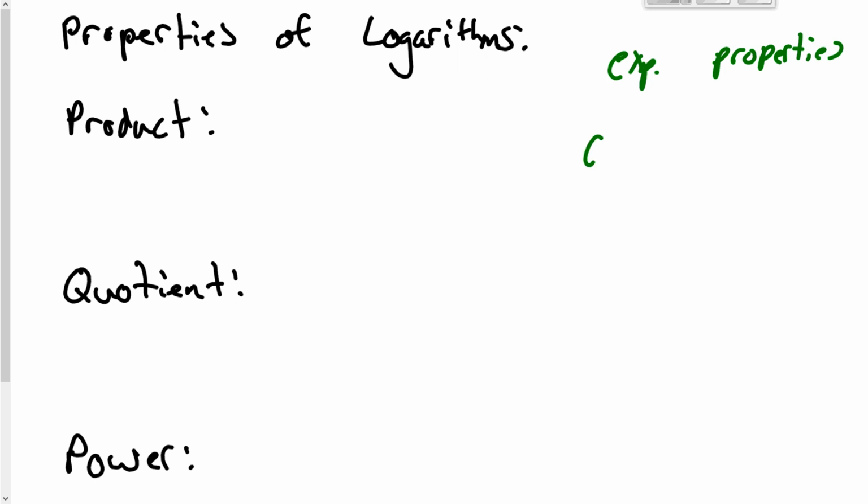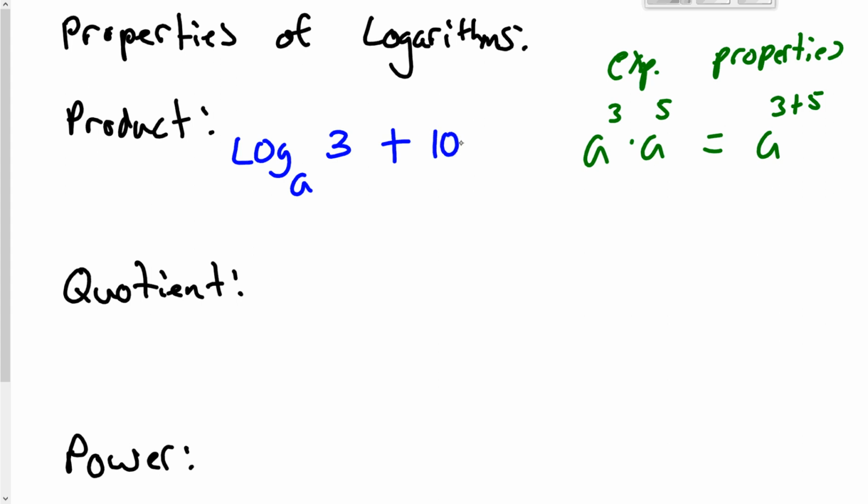are like when I have the same base. When I multiply by the same base, I add exponents. Well, that's kind of the same thing as a logarithm. When I take logs with the same base and I'm adding them, if I'm adding two logs with the same base, then I can go ahead and multiply what I'm taking the log of.